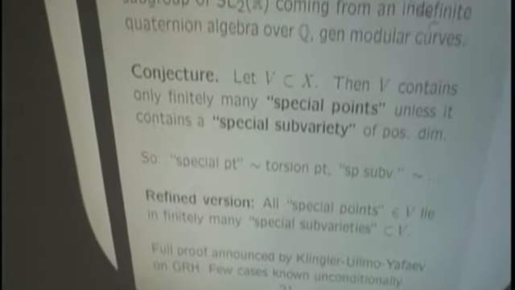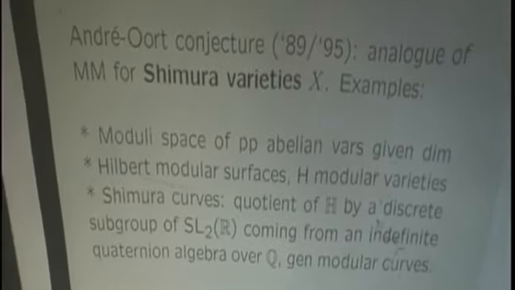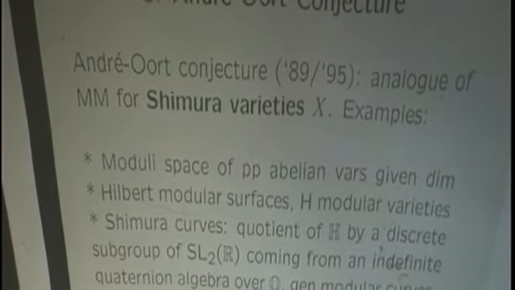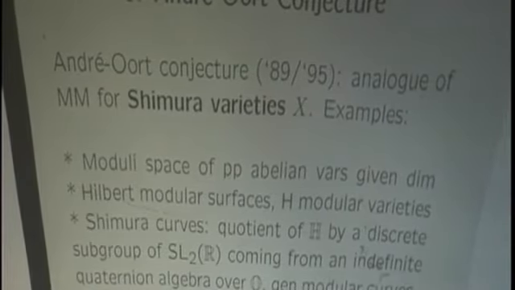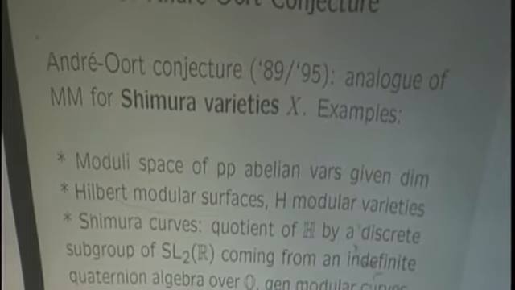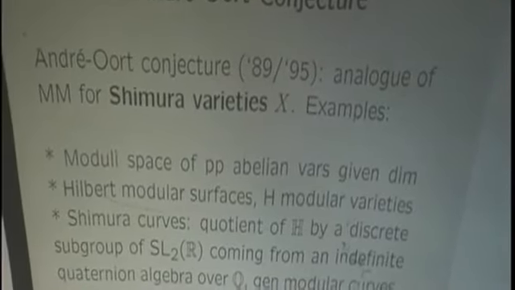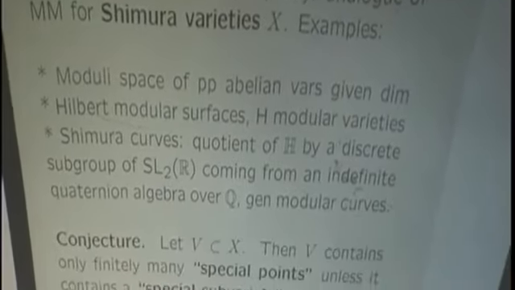So I guess now I want to talk about the André-Oort conjecture. So this is an analog of the Manin-Mumford conjecture for Shimura varieties, which I'll denote X. So examples of Shimura varieties are moduli spaces of principally polarized abelian varieties of a given dimension, things like Hilbert modular surfaces or Hilbert modular varieties, modular curves, Shimura curves, things like that.